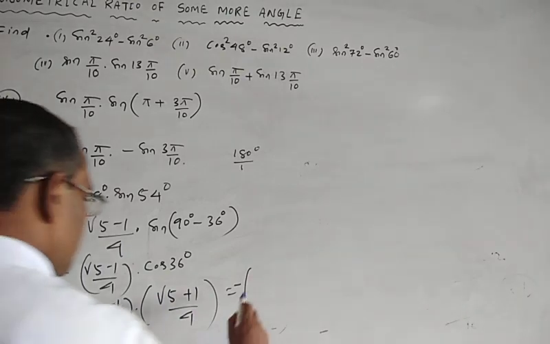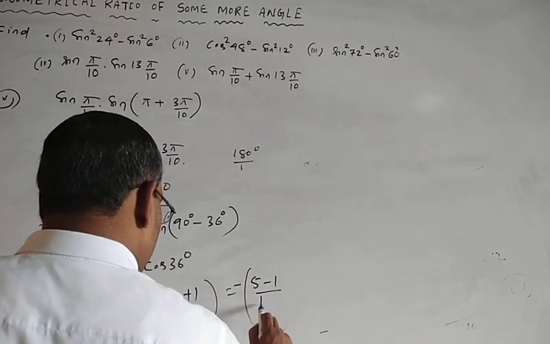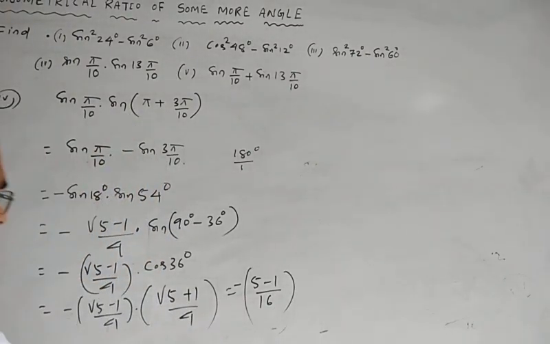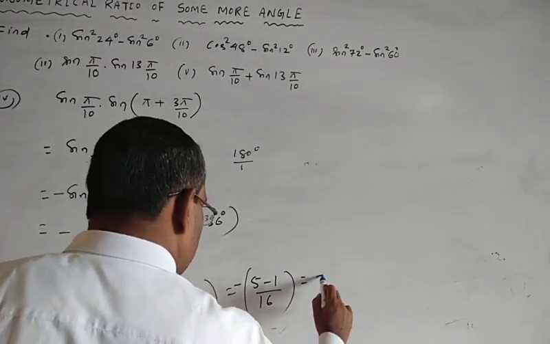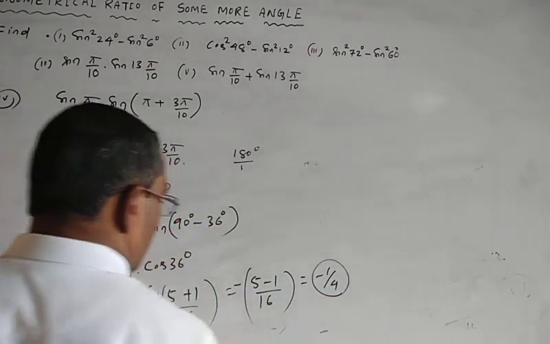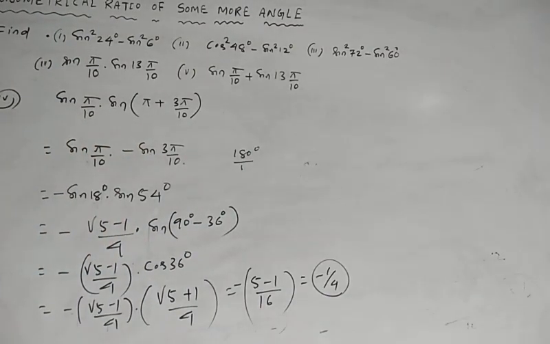So 5 minus 1 by 16 equals 1 by 4. So this is minus 1 by 4.